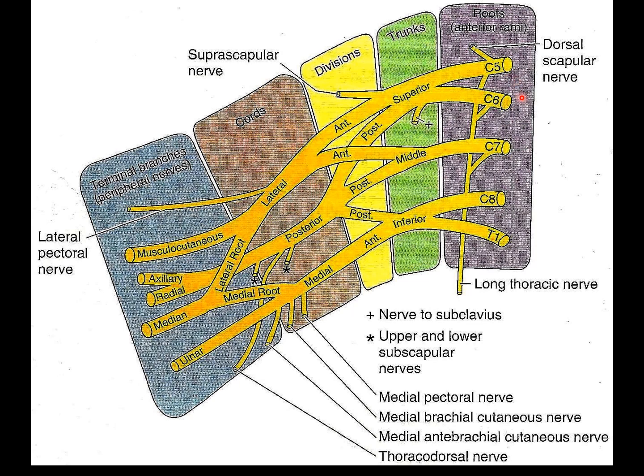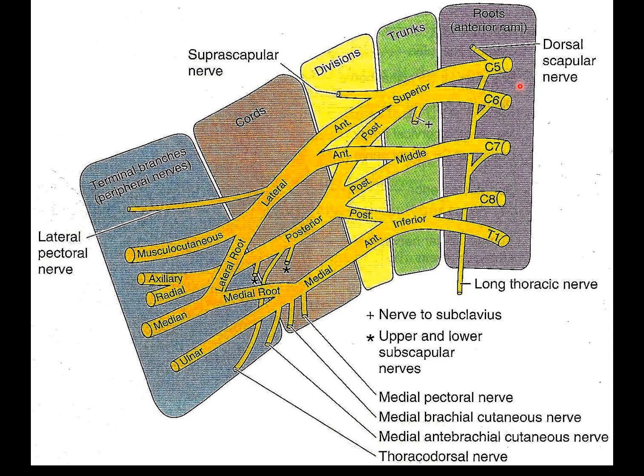What is it known as? Roots of the brachial plexus, and the root value will be C5, C6, C7, C8 and T1. So these are the nerves which are forming the brachial plexus. That is important to understand. First of all, the roots of the brachial plexus are C5, C6, C7, C8 and T1.